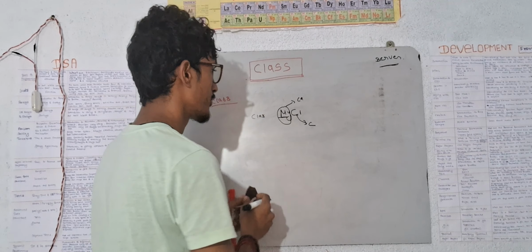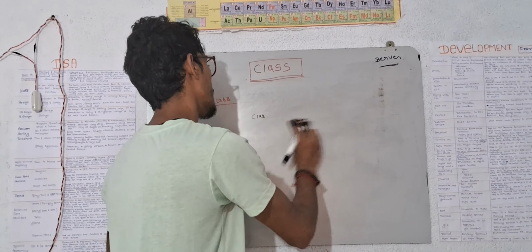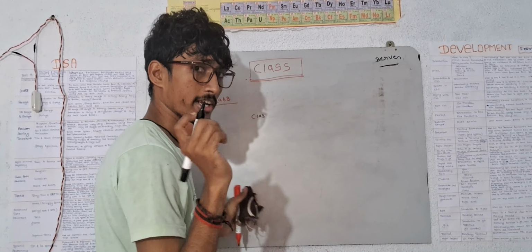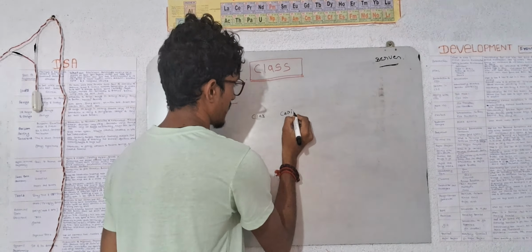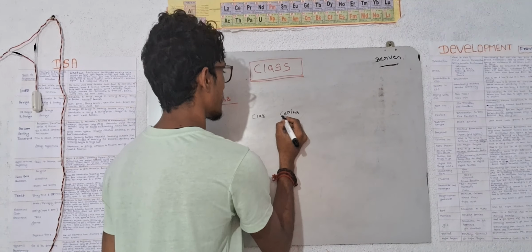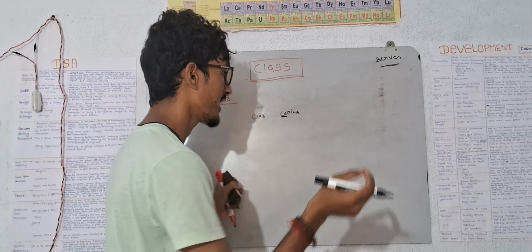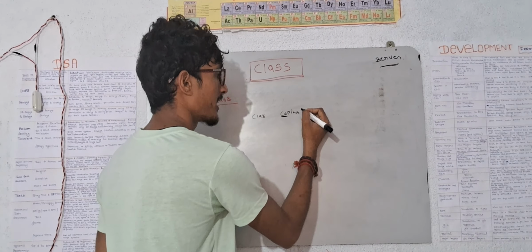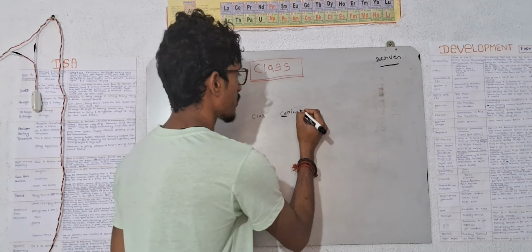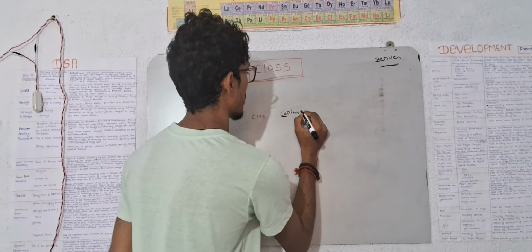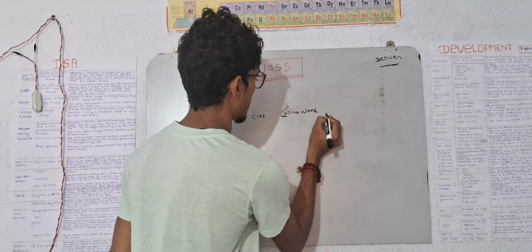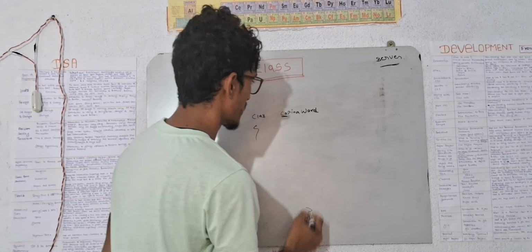It means if you declare a class, write the first letter of the class capital. If you want to add one more word, that word's first letter should also be capital. And this is your basic structure of the class.